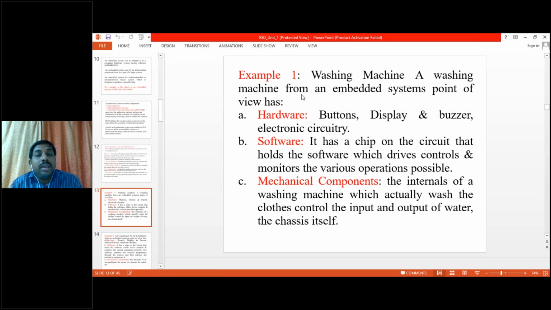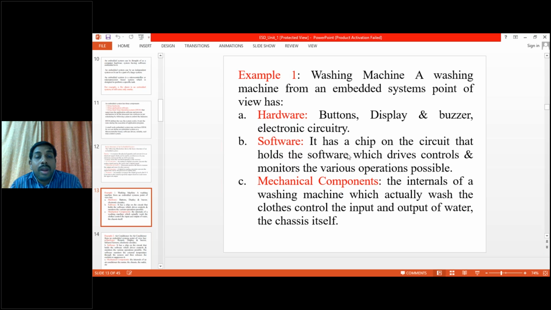So two examples we'll see. For a washing machine, the embedded system has a hardware part. The buttons, display, buzzer and electronic circuitry all come under hardware. The software part is a processor, which is a chip, and another chip is a memory chip where it holds the software, and it will drive the controls and monitor various operations possible.